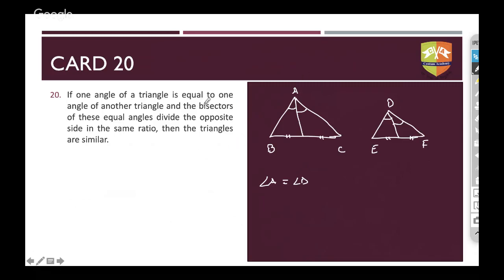So if angle A is equal to angle D, and the bisectors of these equal angles, in triangles ABC and DEF, with G and H as the points on the opposite sides, so AG is the angle bisector and it is dividing the opposite side in the same ratio. That means it's given that BG by GC is equal to EH by HF. Then the two triangles are similar.